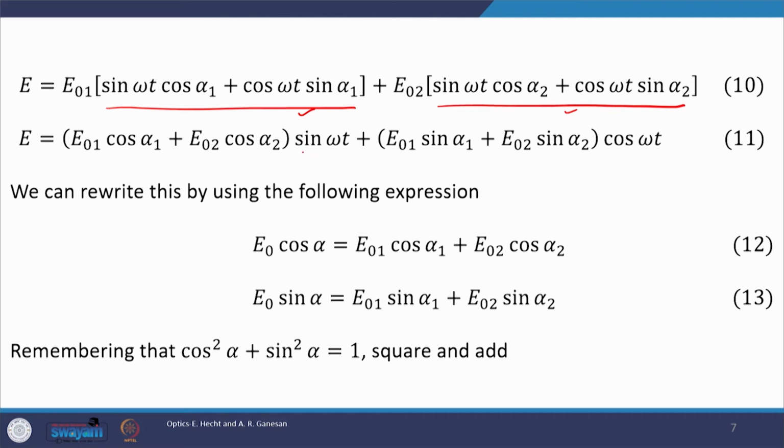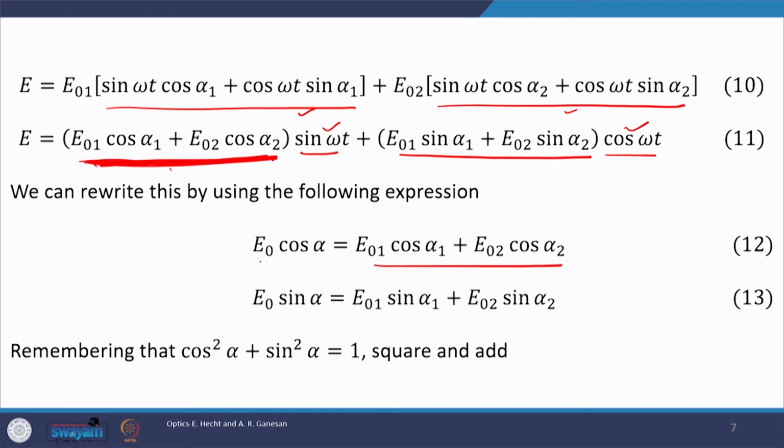Let us take sin omega t common and cos omega t common out of the given expression. Then this is a time independent component, and this is also a time independent component, and the time dependent components are sin omega t and cos omega t. Now, since the first term in the bracket on the RHS of equation number 11 is independent of time, let us represent this time independent part by E naught cos alpha.